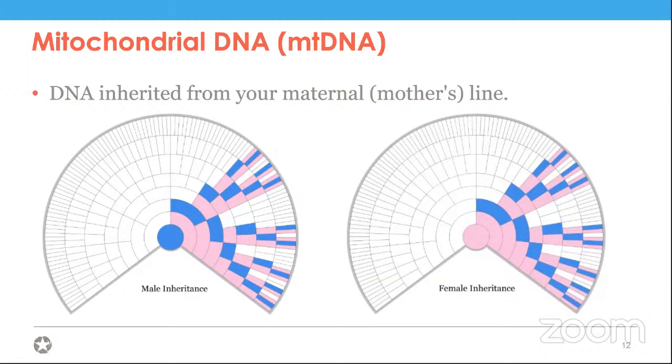However, you might notice that this one is a bit more colorful, and that's because in mitochondrial DNA, you're receiving DNA from more than just one side. So if we look at this here, what I mean by side is everything is going to remain on this mother's side, and it's going to be the exact same DNA, whether it is a male child or a female child.